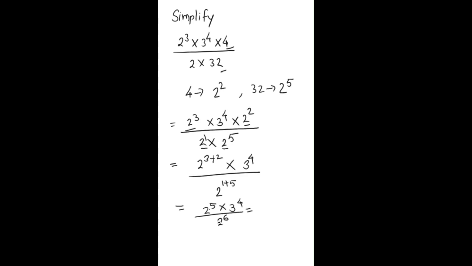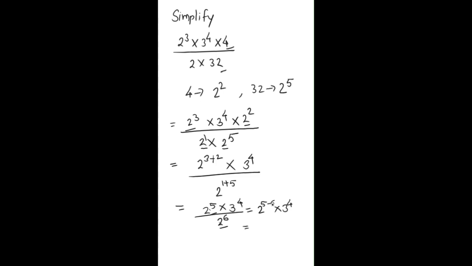Now in these two we can apply the power of quotient law. So here the base is the same, so we will take only the same base 2 and their powers will be subtracted as they are in division format. So 5 minus 6 will be the power here into 3 to the power 4.